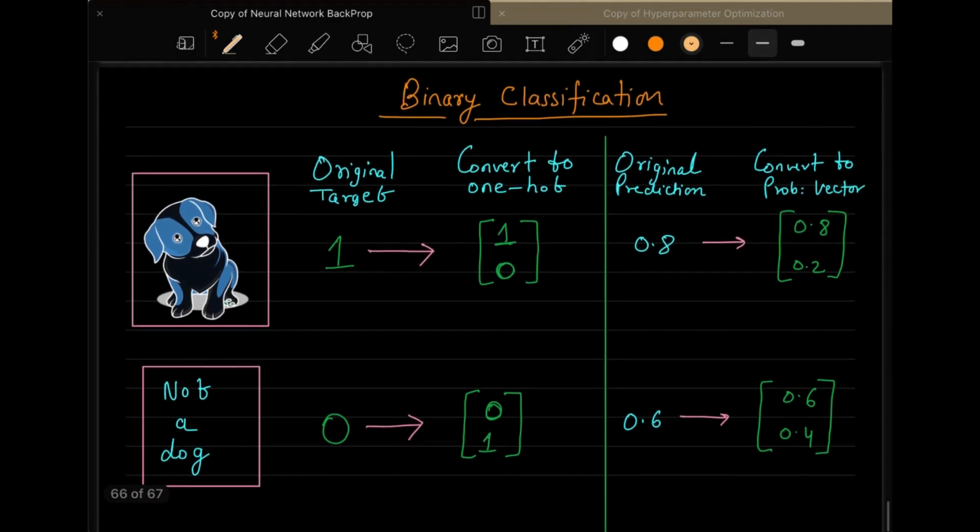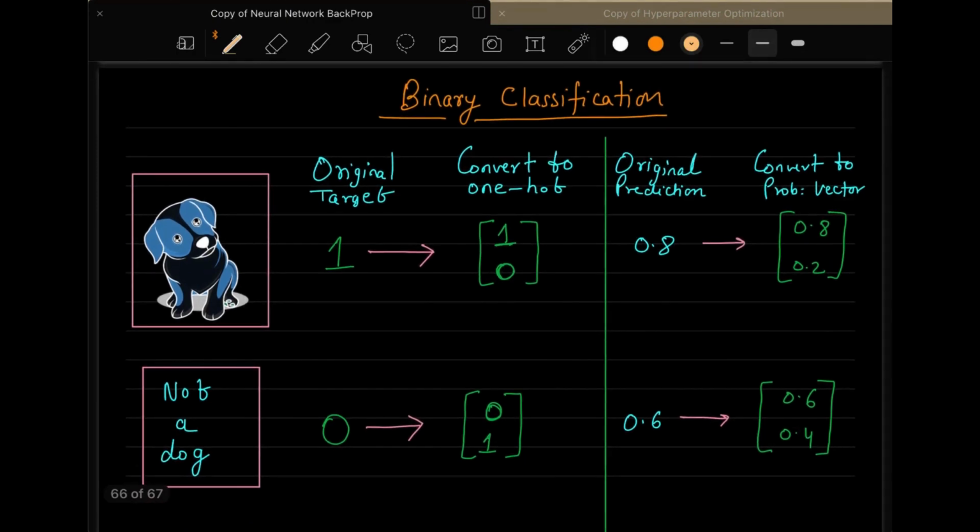And this is just a similar extension to what we have discussed, which is binary classification. Here, if you have the original target as 1, whether it's a dog or not a dog, what you do is convert this original vector into one hot encoded, that is 1 0, and the other label is extended to 0 1 as one hot encoded.